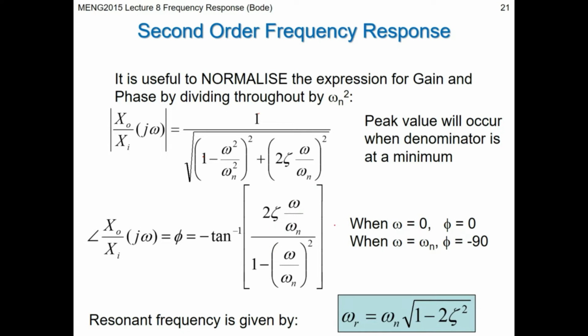So again, we can get some useful locators on our phase curve, because you can say when omega equals 0, then this whole thing is going to go to 0, and our phase lag is going to be 0. So as omega approaches 0, that means that our phase is going to be approaching 0. And when omega equals omega n, this will go to 1, this will go to 1.